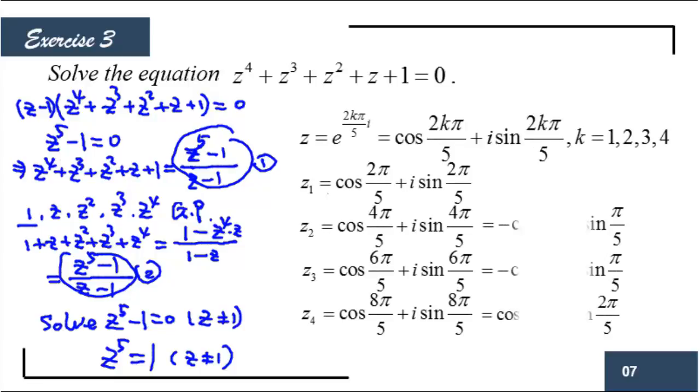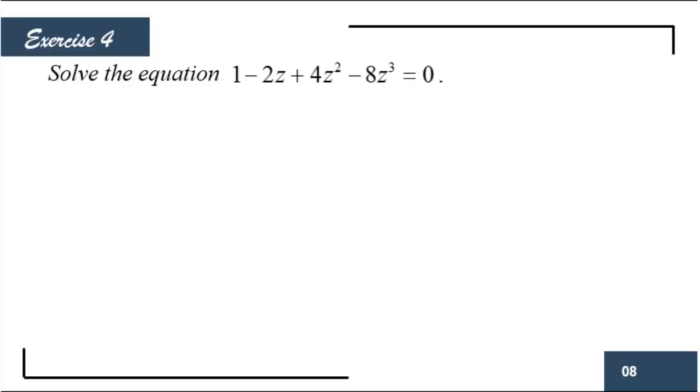If you want to simplify, look at the last problem, and this sequence is 1, negative 2 times z, 4z squared. That means negative 2z squared. And the last one is negative 8z cubed. We can describe it with this.